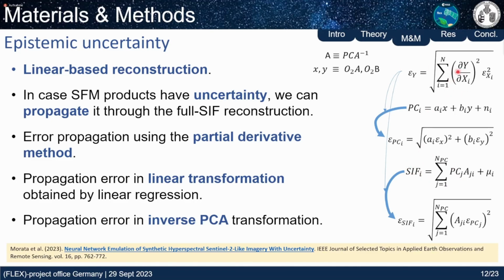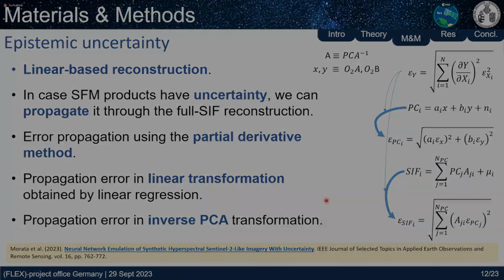After applying this formula, we obtain that the uncertainties of the 200 bands of the SIF are given by this formula. All this process is also explained in a recent published paper, so if you are interested, there is more information there.